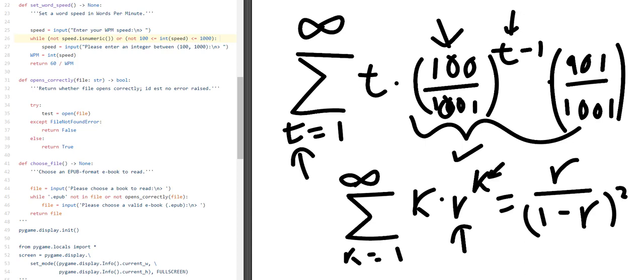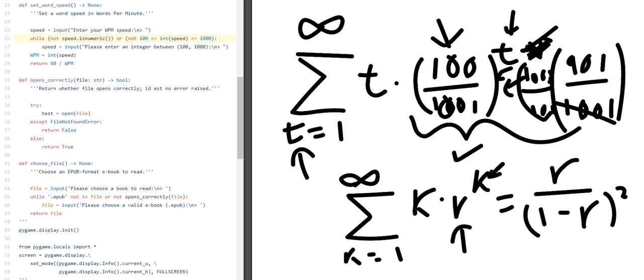We can apply this, but notice that this is k and this is in the form of k minus 1. So what we'll do is multiply this whole thing by 100 divided by 1001, and then multiply the whole thing by its reciprocal. So the 1000 cancels out with 1000, and we divide by 100 because this is the reciprocal of this.